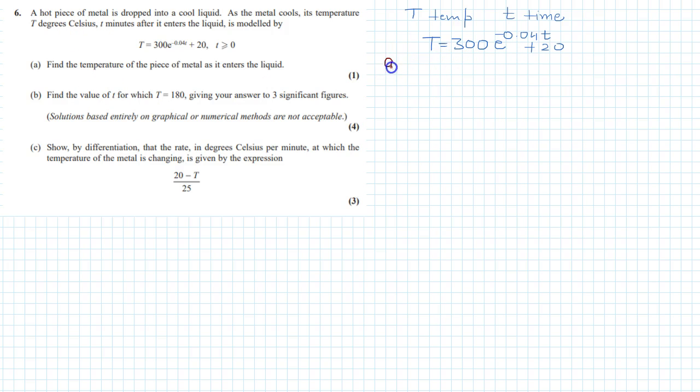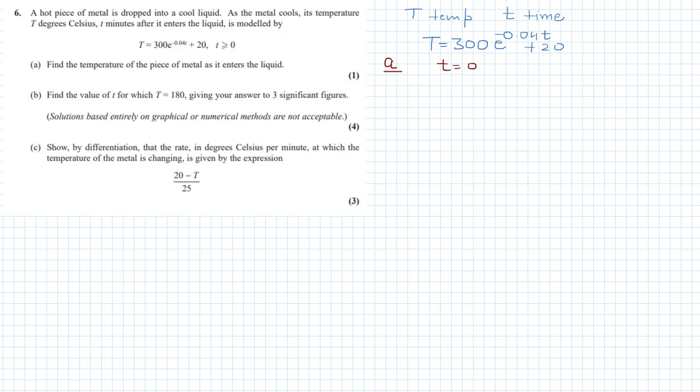Part A. Find the temperature of the piece of metal as it enters the liquid. So when it enters the liquid, the time is 0, so T is equal to 0.